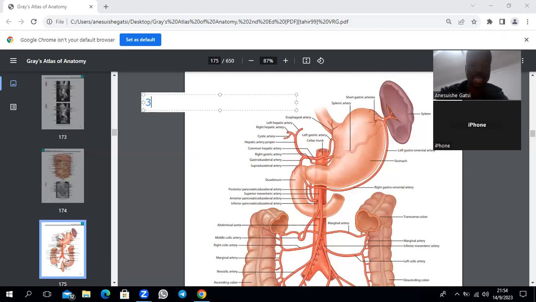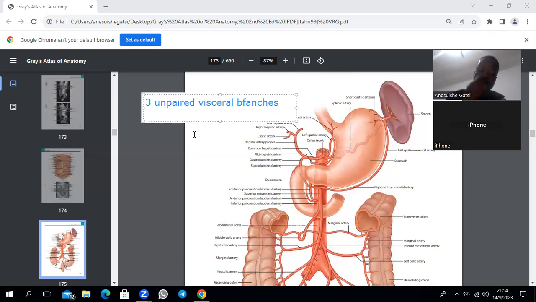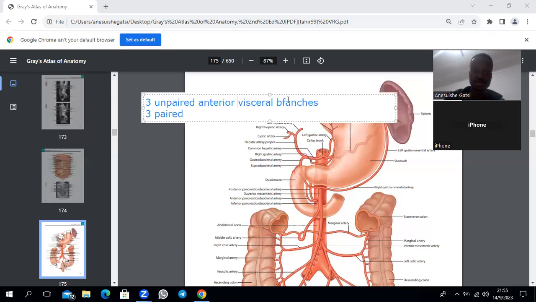So it is 3 unpaired visceral branches. Then it is 3 paired. No, this should be 3 unpaired anterior visceral branches. That's why I need to increase the size of this thing. So there's 3 unpaired anterior visceral branches.